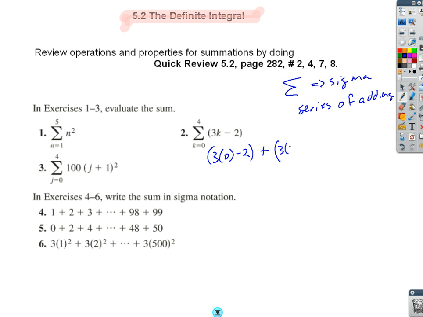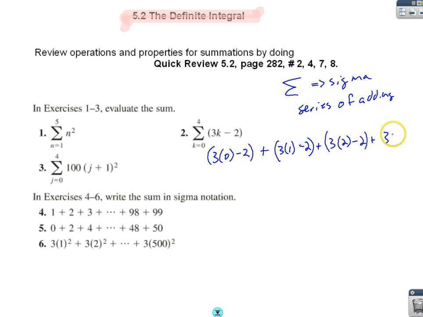So now I have 3 times 1 minus 2 plus 3 times 2 minus 2. Add another 1 to k. 2 becomes 3, and I get 3 times 3 minus 2.